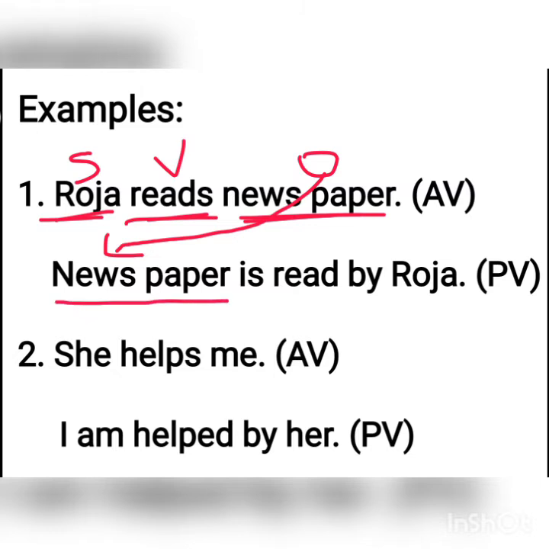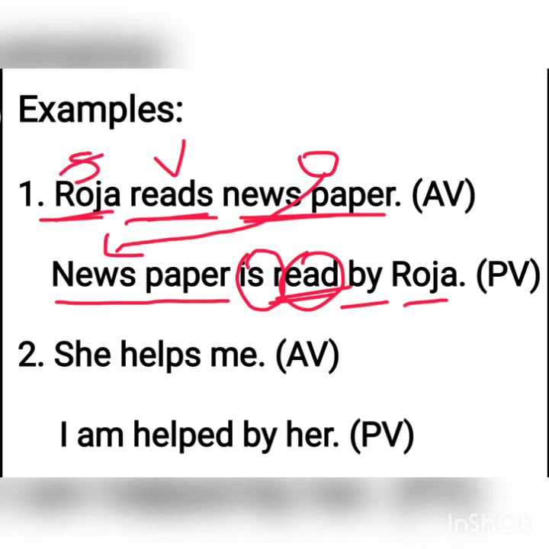Newspaper is singular here, so we add the singular auxiliary verb form is. After that we should write the main verb read. The spelling is the same here, but the pronunciation is different. The past participle verb form is also read. Read, read, read. And next we should add by.